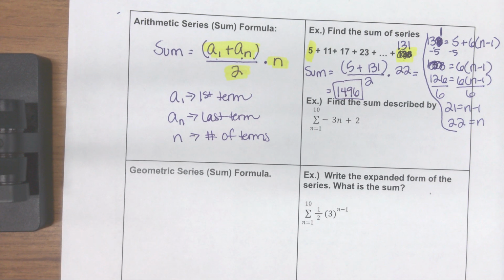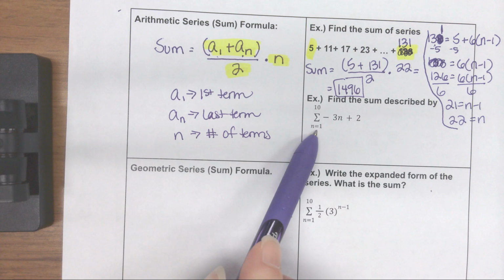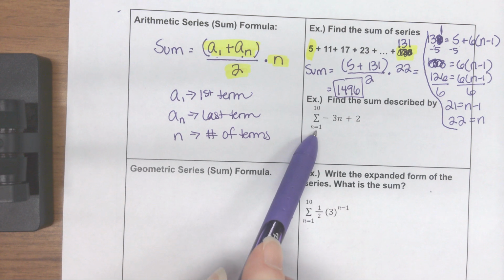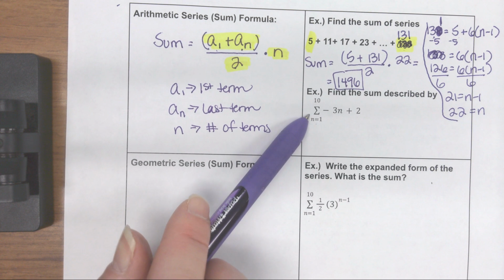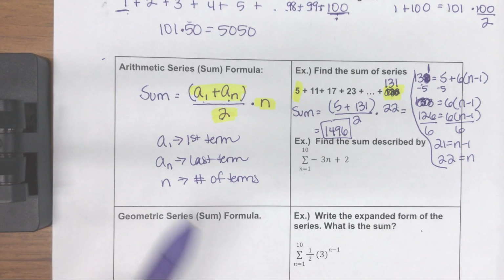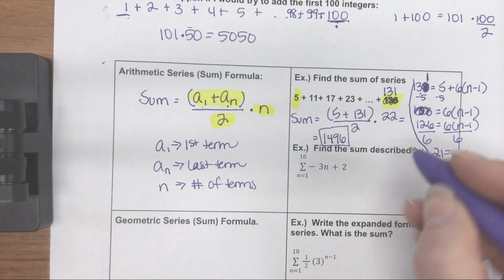All right, so what if I asked you to find the sum of something and I want to use the shortcut formula rather than writing out all 10 terms? So we are going to need the same thing. This time, do you see how I know that there's 10 terms? So that's good. To find the first term, plug in 1. So let's find a sub 1 here, Manette.